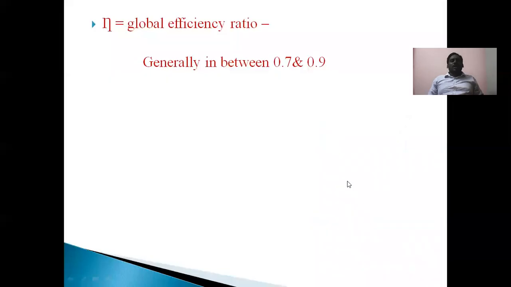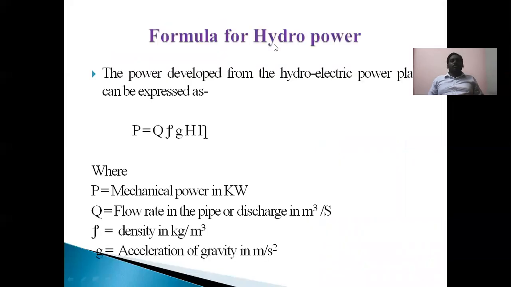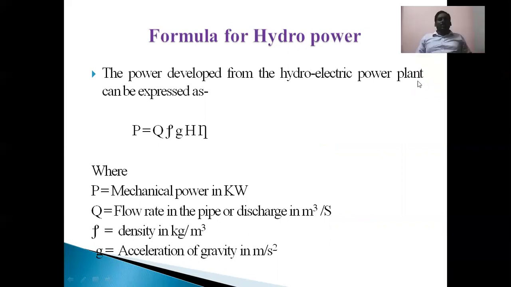So next one is the expression for power from a hydroelectric power station. The power developed in the hydroelectric power plant can be expressed as P equals Q into rho into g into H into eta, where P is the mechanical power in kilowatt, Q is the flow rate in pipe or discharge in meter cube per second, rho is the density in kg per meter cube, g is the acceleration of gravity in meter per second square, generally 9.8 or approximately 10.